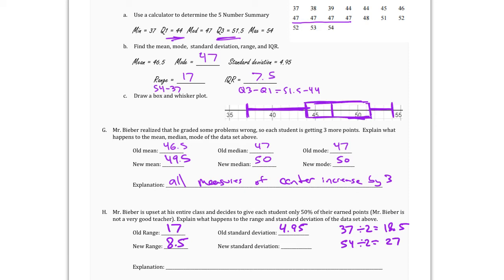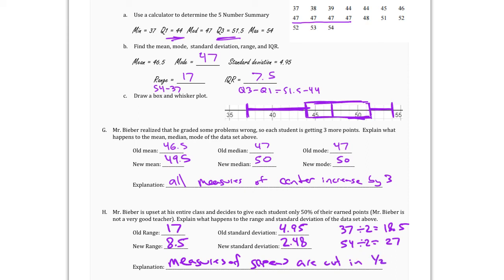If we were to go type in all those data points and cut them in half, we would see that the new standard deviation would be half of it, about 2.48, which is rounded. And so the measures of spread are cut in half because the data is half as spread out.